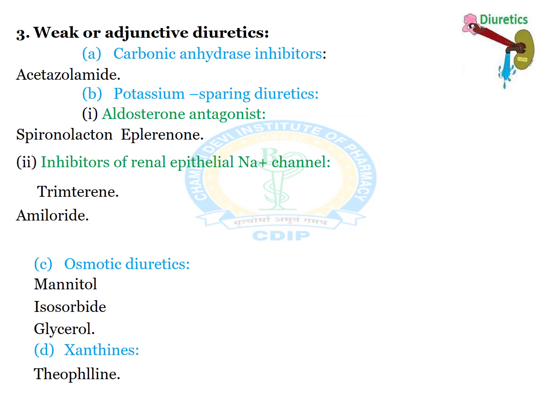The agents are spironolactone and amiloride, and another is the agent which inhibits the renal epithelial sodium ion channels. The drugs are triamterene and amiloride. Then we have osmotic diuretics: mannitol, isosorbide and glycerol. And the fourth one is xanthine, and the member is theophylline.